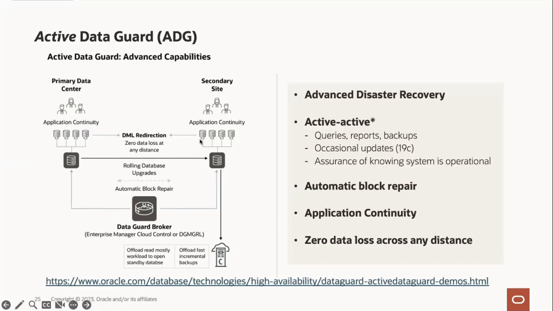And then now we'll have the secondary site, which has been upgraded, been patched. It's going to receive all the connections. And then what used to be the primary data center is now going to get patched. And you've patched two databases without having your end users experience any performance degradation, any downtime, anything of the sort.